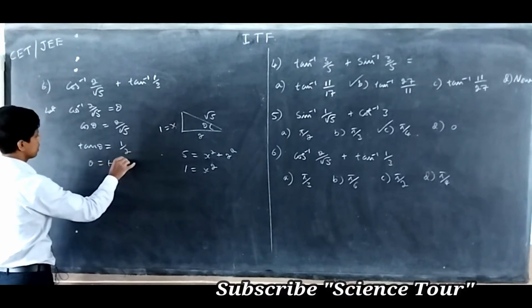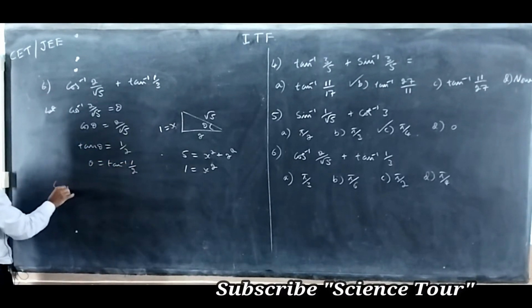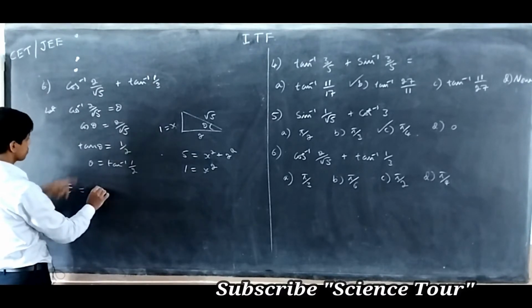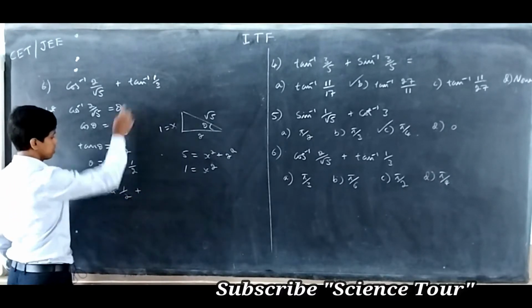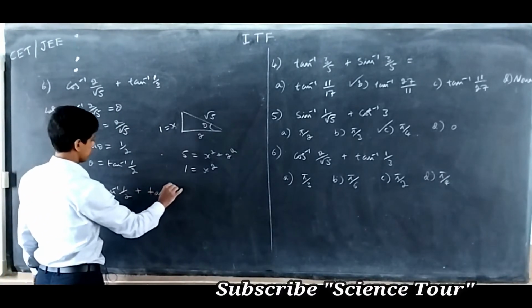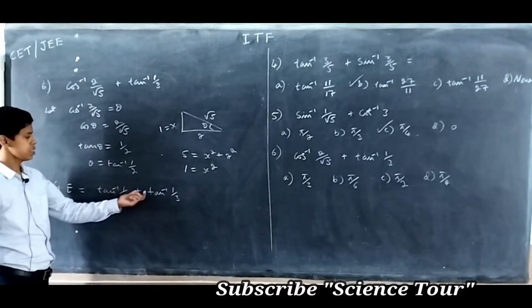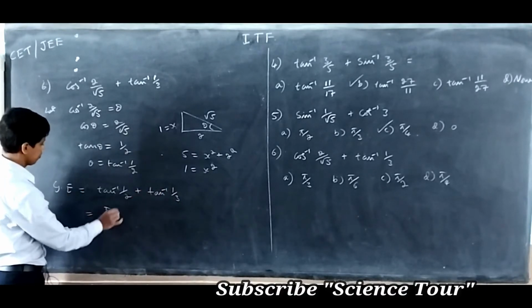Theta is tan inverse of half. So now the given expression becomes tan inverse half plus tan inverse 1 by 3, is it not? So this is like tan inverse m by n plus tan inverse n minus m divided by m plus n. Therefore the answer is pi by 4.